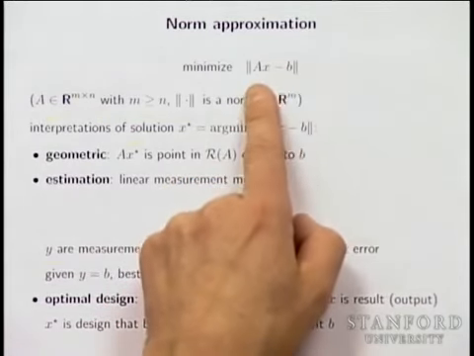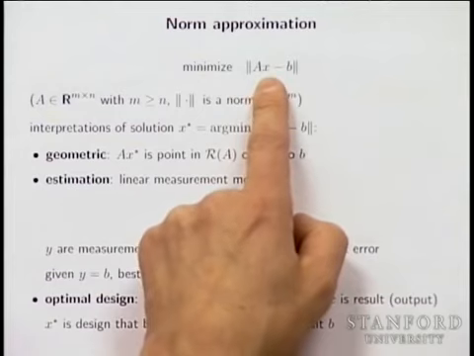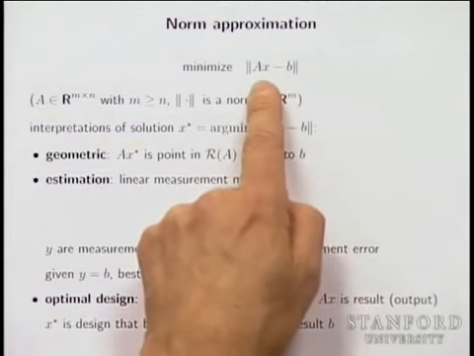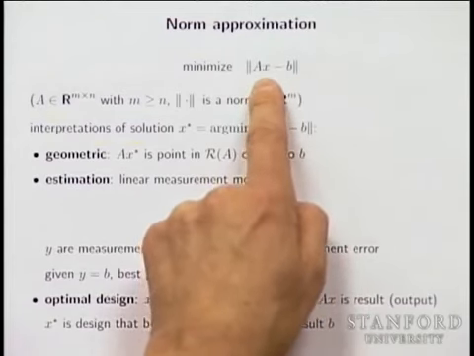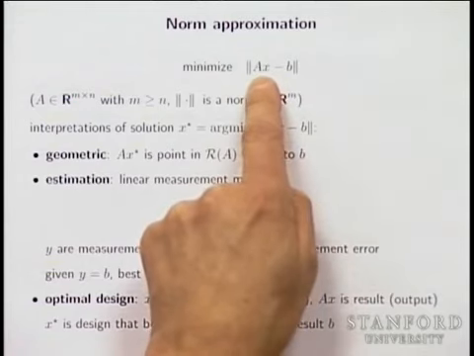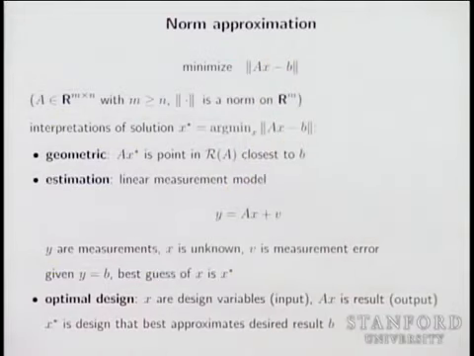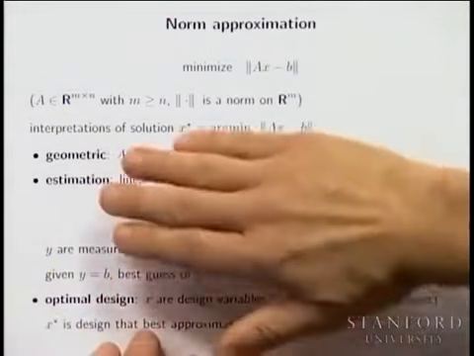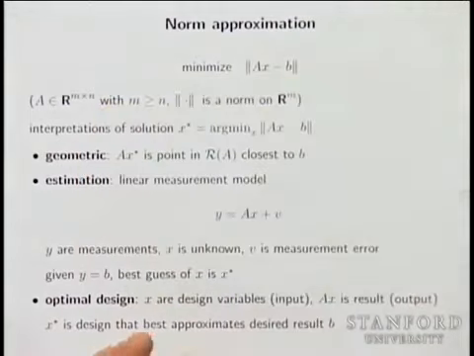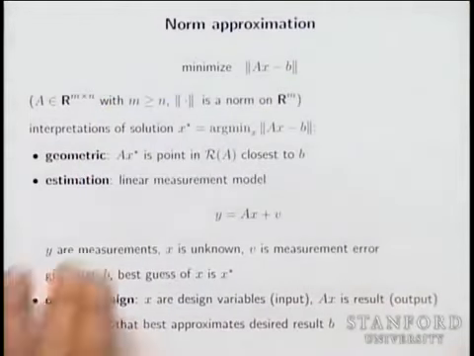And here the question is to find the action or inputs so that the actual output, that's Ax, is as close as possible in this norm to this desired outcome b. So all of these are just applications of minimizing the norm of Ax minus b.